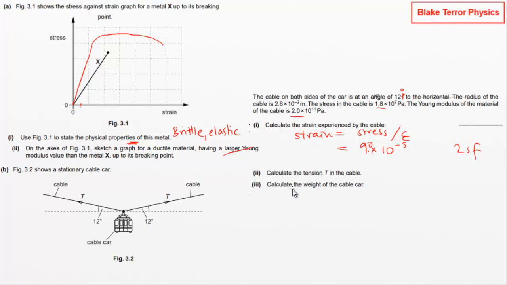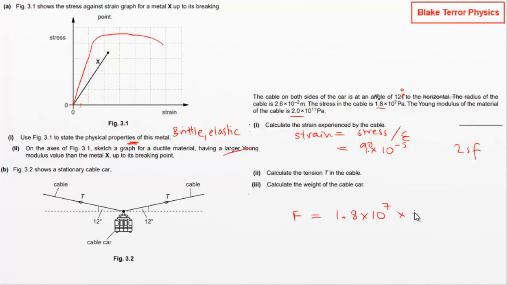Calculate the tension T in the cable. Right. The radius of the cable is that. So we've got stress is the force over the area, and we've got the area. The stress is 1.8 times 10 to the 7. Force over area, so for 1.8 times 10 to the 7, that's our stress. We need to multiply that by the area.